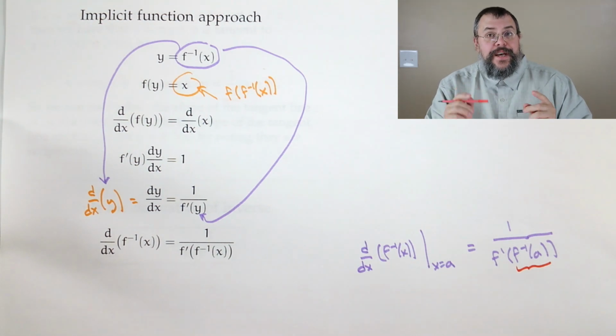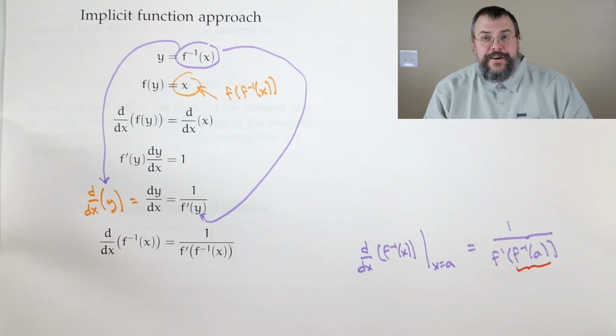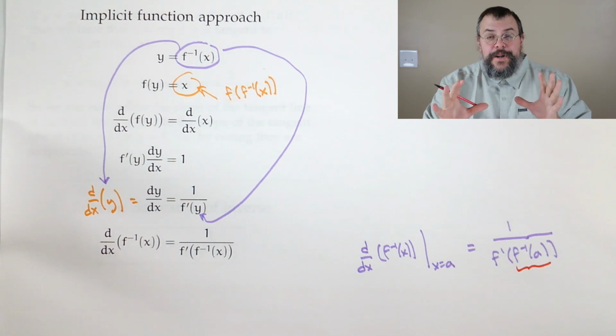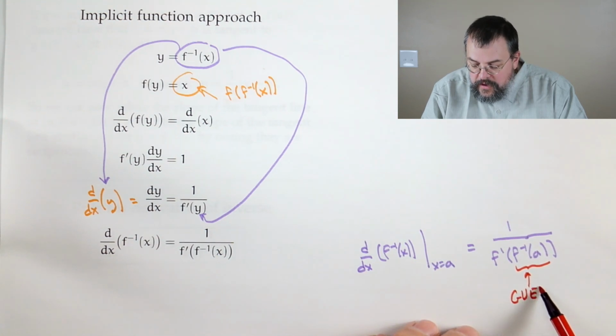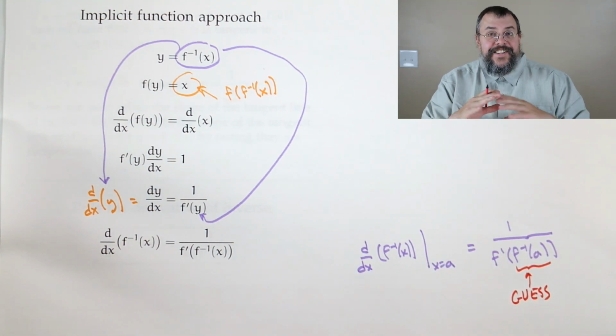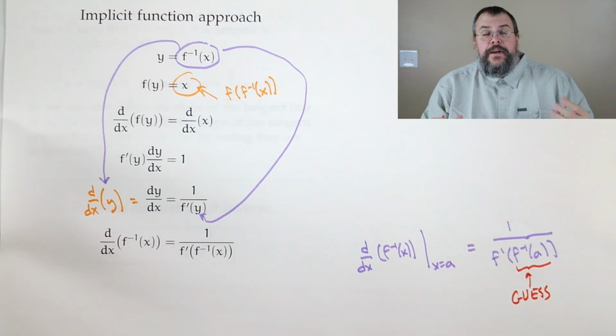Now, I want to mention that there's a really good strategy, which a lot of people feel is not an appropriate strategy to talk about in math, but it really is a good strategy in math. And this is called guess. In other words, if you're not sure, try some values, because we don't always have to find the whole inverse function.